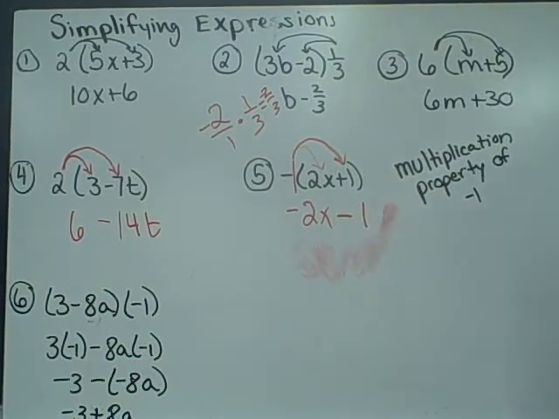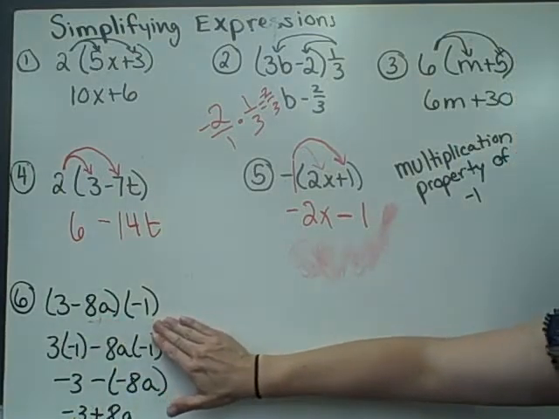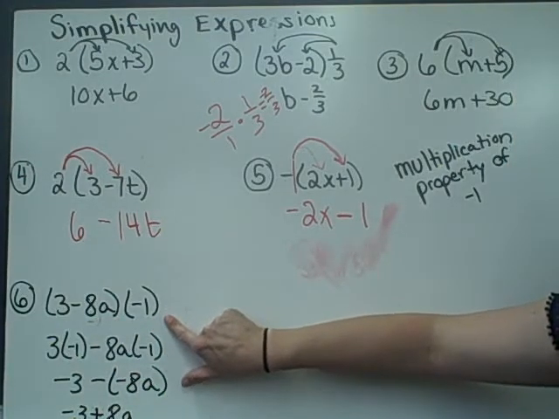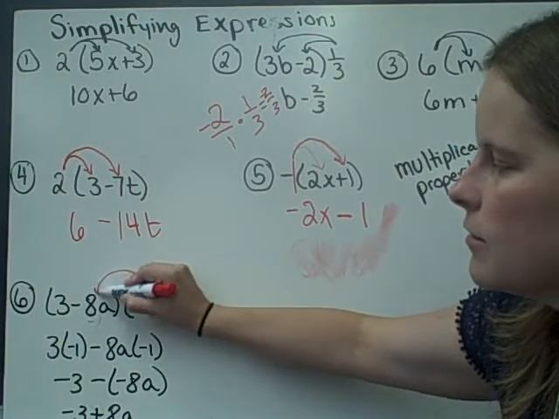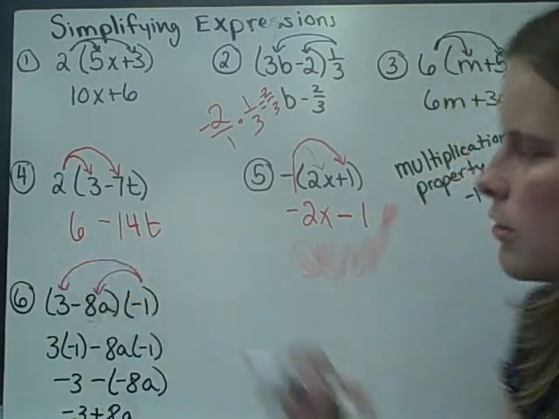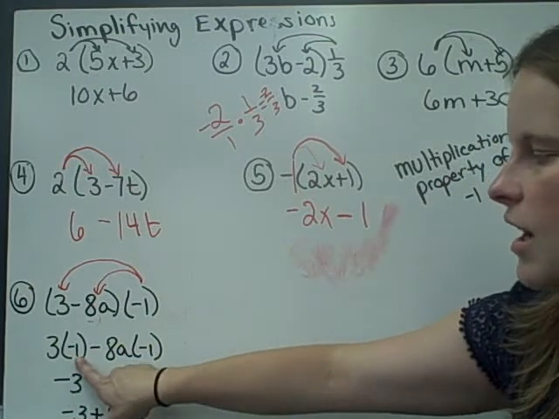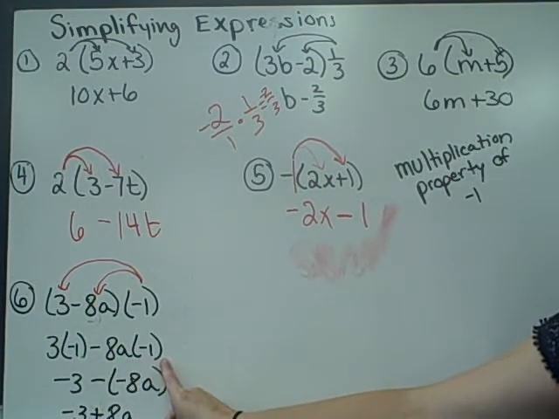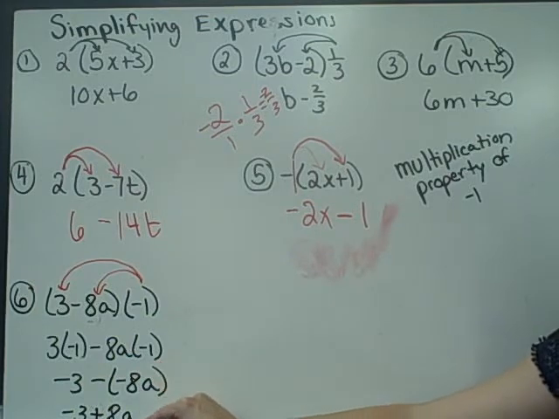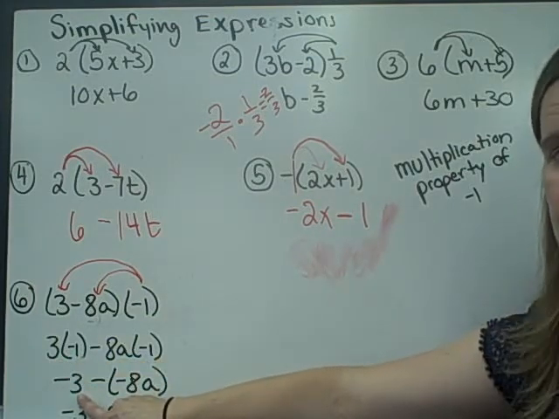Okay? Number 6. Notice that you have two numbers in parentheses. They put this -1 in parentheses mostly because of the negative sign. We're going to distribute that in. Okay? So we have 3 times a -1 minus a -8 times a -1. 3 times a -1 is -3.